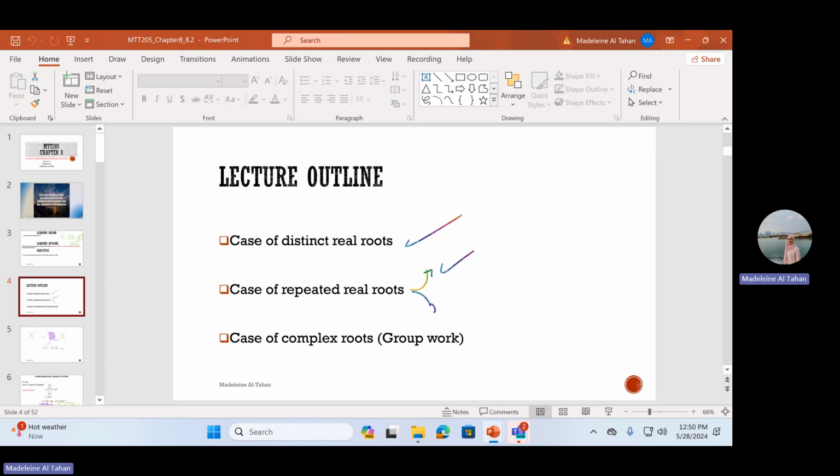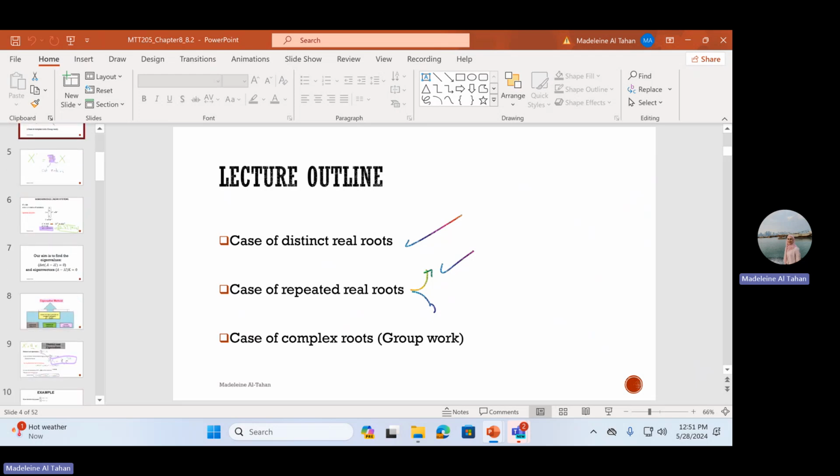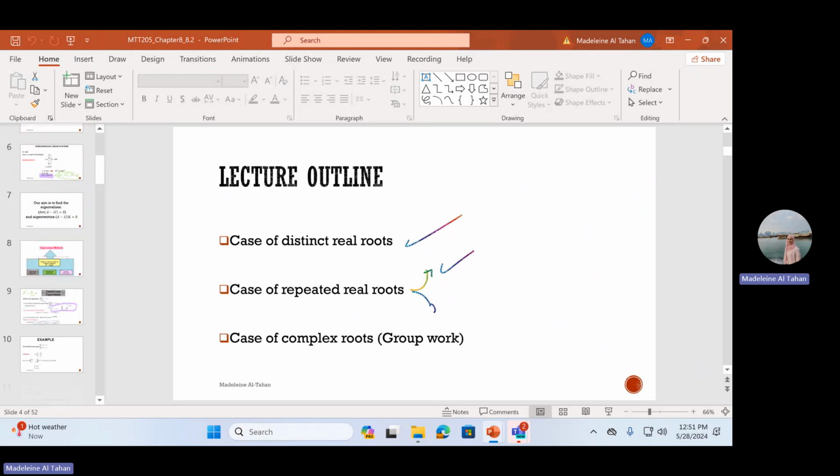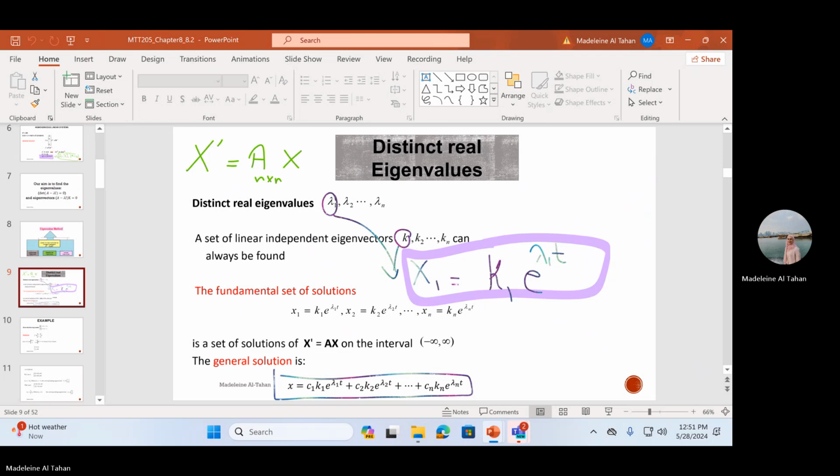These eigenvalues can be distinct, like 1, 5, and 7, or they can be repeated, like 1 repeated twice, and we say that it has multiplicity 2, and another one that's 5. For the first case, when we have 3 distinct roots, for each eigenvalue we will find its eigenvector.